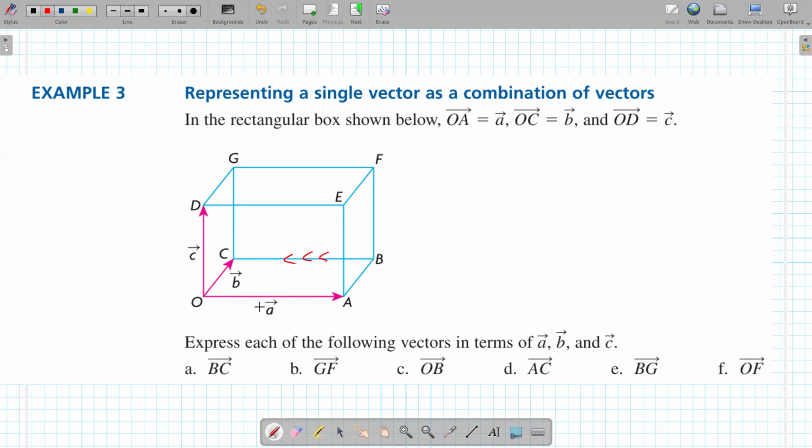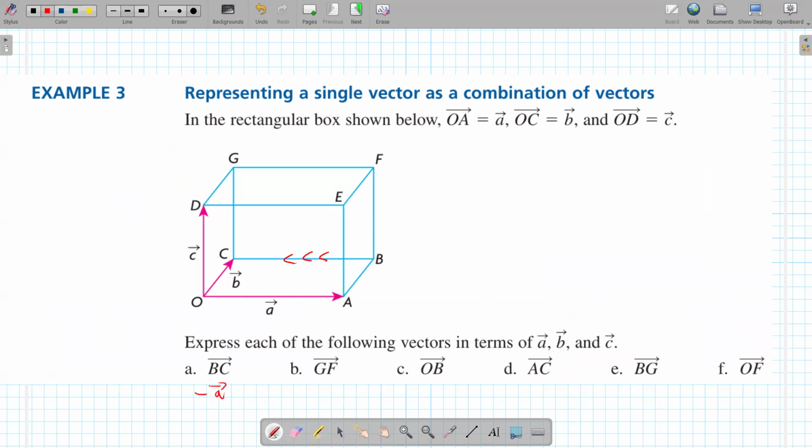I think it's most similar to A, right? BC is on the same plane. How do you write BC in terms of A? It's the opposite vector. Negative A. BC is going to be negative A. That's it.